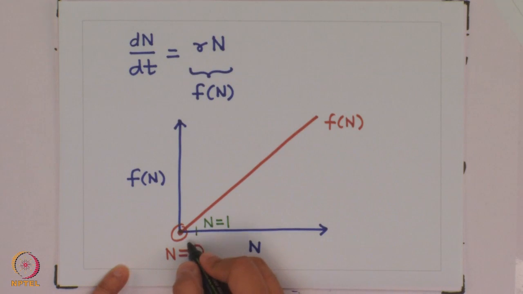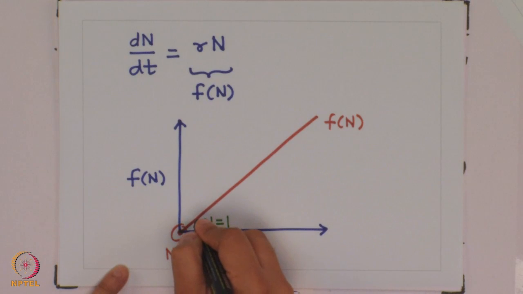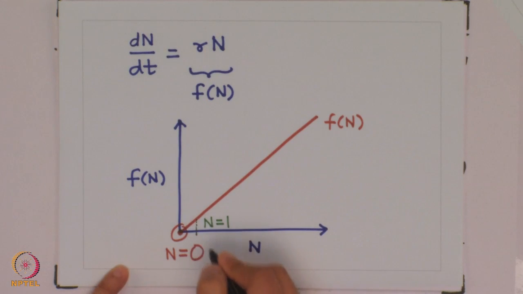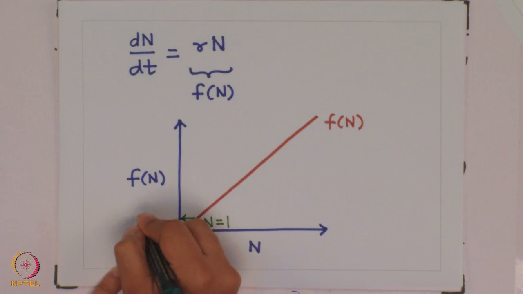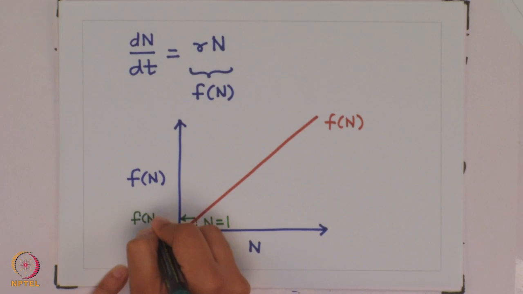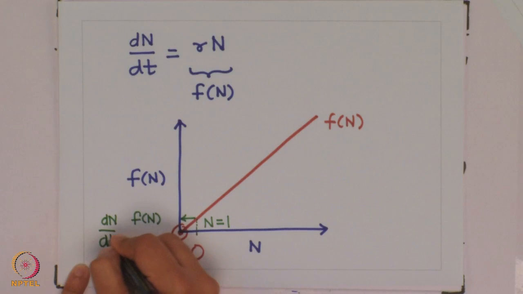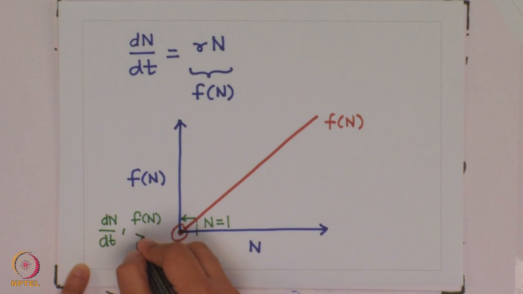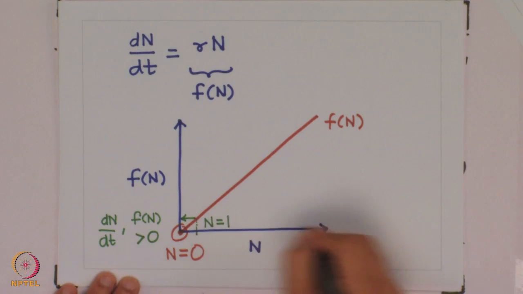So, we introduce this deviation n equal to 1, and now to decide whether the system is moving to the left or the right, all we have to do is look at the sign associated with f(n) at n equal to 1, which in this case is positive. So, f(n) or dn by dt at n equal to 1 are both greater than 0. dn by dt greater than 0 means that the system will move towards the right.